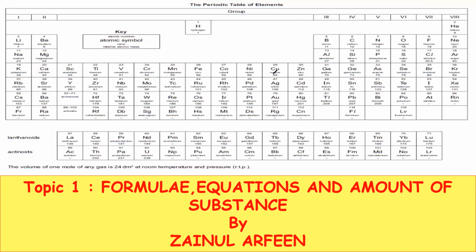The mass of copper is 64, sulfur 32, and oxygen 16. So when working out the molar mass of copper sulfate, copper is 64 plus sulfur is 32 plus oxygen is 16 multiplied by 4.